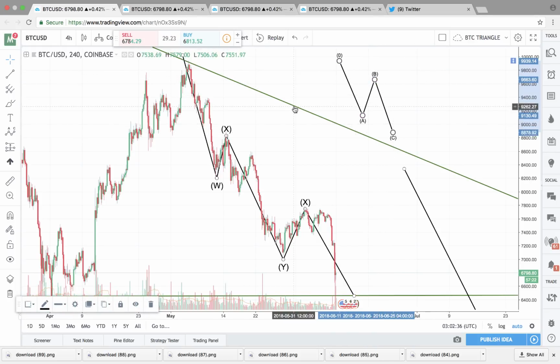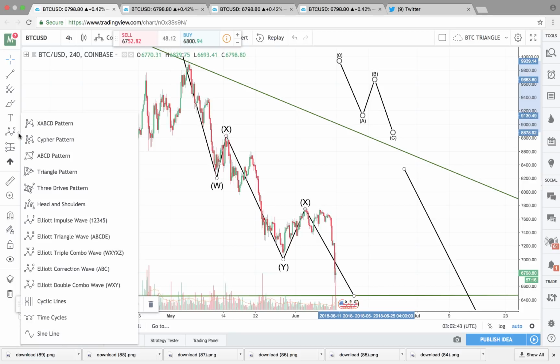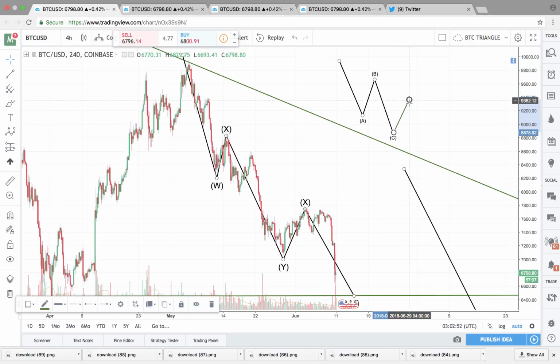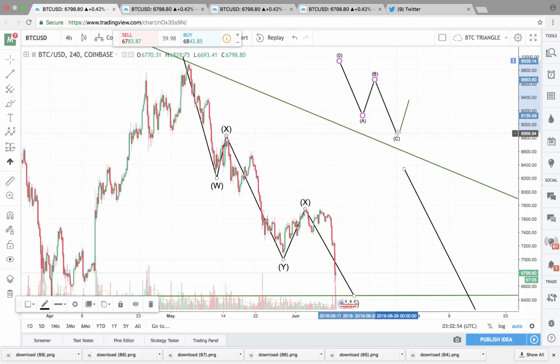A double combo correction would look like this. It'd be a first corrective structure complete, so an ABC, a zigzag, or a flat structure as well. And then it's going to be connected by an X wave here, a little X wave. Now the X wave also will take a corrective structure.